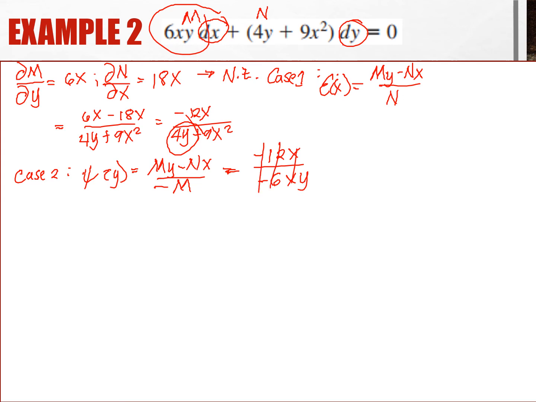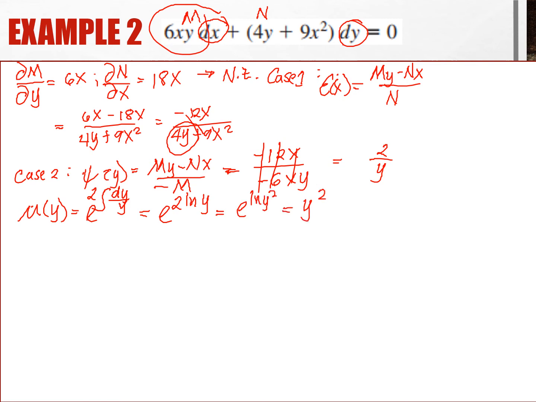The negative over negative gives positive, so we have 2 over y. Therefore, your integrating factor as a function of y is equal to e to the integral. We take out the 2 from the integral, so we have dy over y. So in this case, we have e to the 2 ln y, which equals e to the ln y squared, which equals y squared.